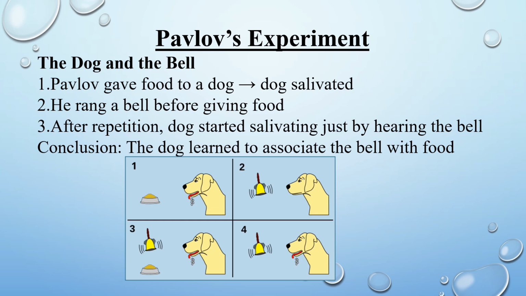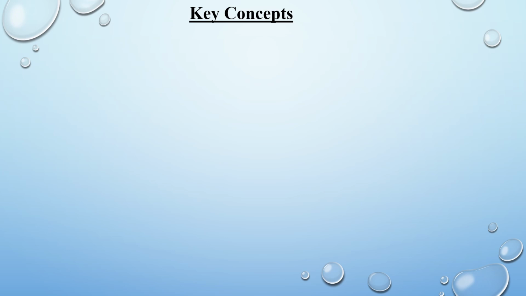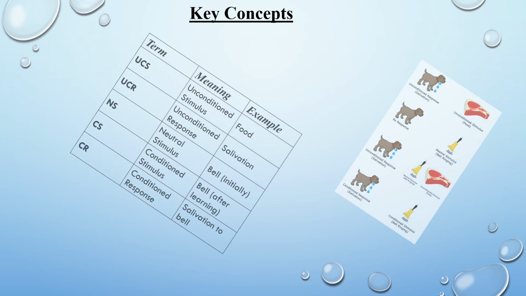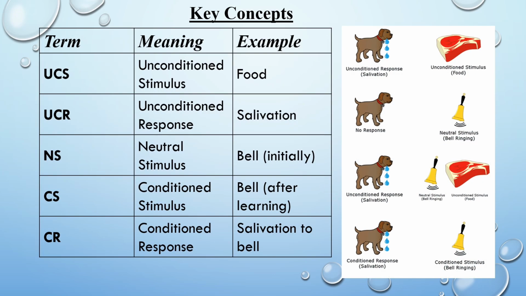Let's understand the key terms used in classical conditioning. Unconditional stimulus or UCS is something that naturally causes a reaction, like food. Unconditional response or UCR is the natural reaction, like salivating.